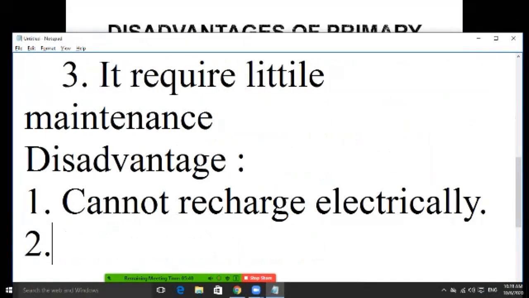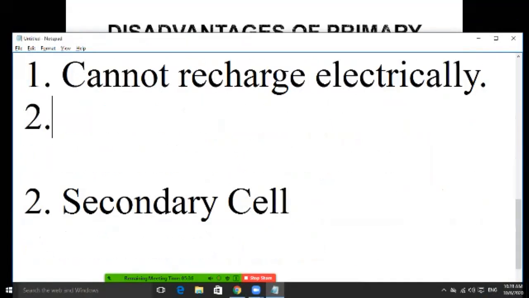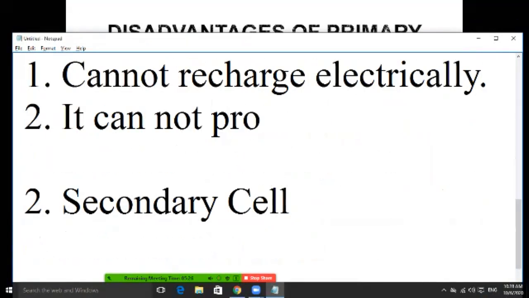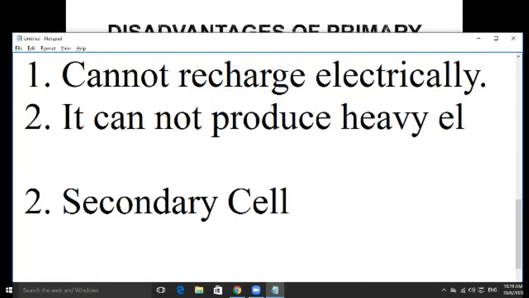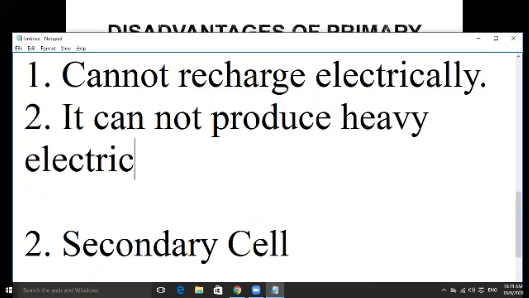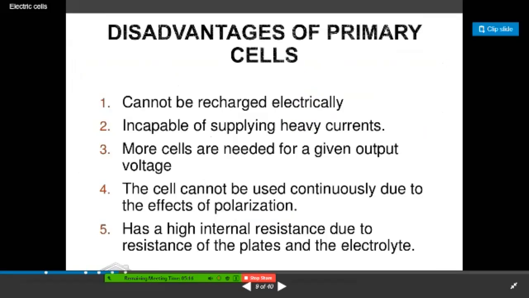Disadvantages: it cannot be recharged electrically. Second, it cannot produce heavy electric current.